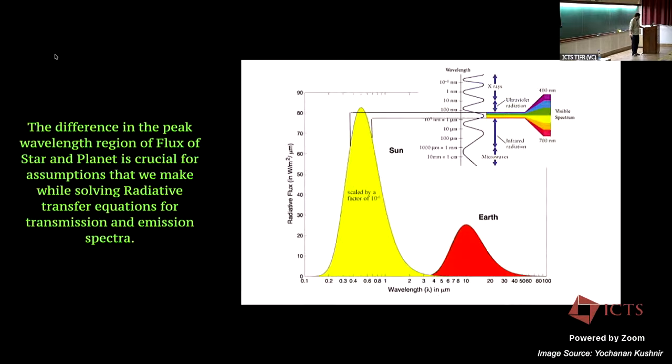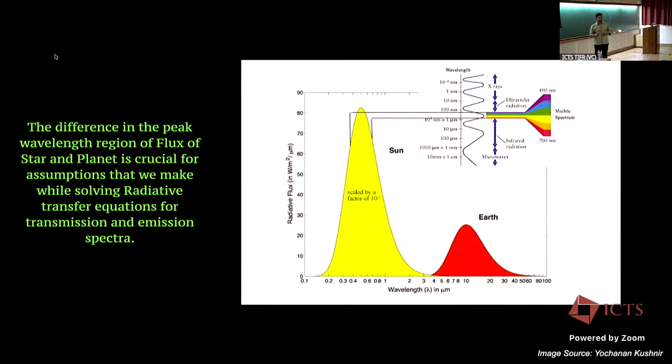One more thing I want to take away before I delve into the equations of the modeling: when we study exoplanet atmospheres, the wavelength region of the flux of the star and planet is crucial when we model using radiative transfer. Take the example of the Sun and the Earth. The Sun's radiation peaks in the visible wavelengths, 0.4 to 0.7 micron, while Earth's peaks at 10 micron in the infrared, so they are very well separated.